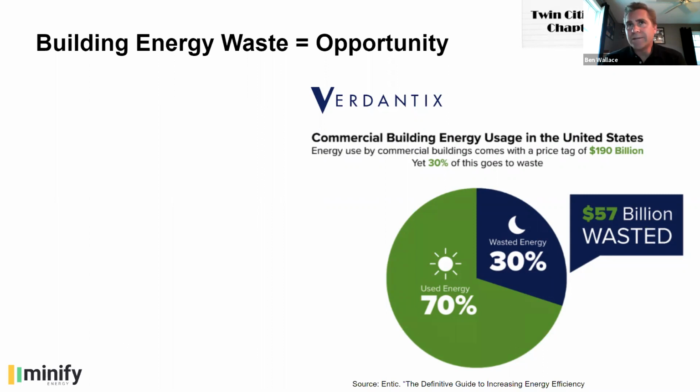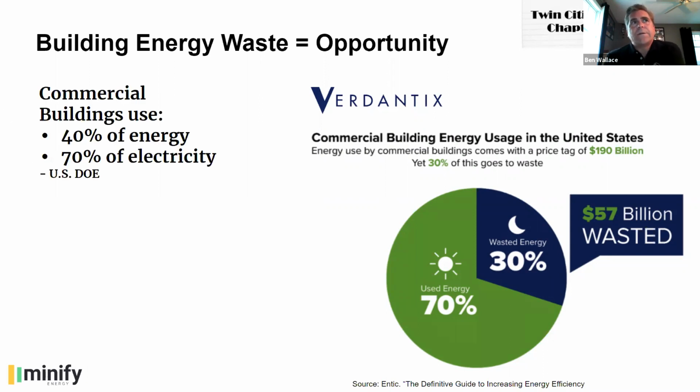This Verdantix study suggests that commercial buildings waste about 30% of their energy, equivalent to approximately 57 billion in market value. Likewise, the U.S. Department of Energy cites that commercial buildings use 40% of energy and 70% of electricity.